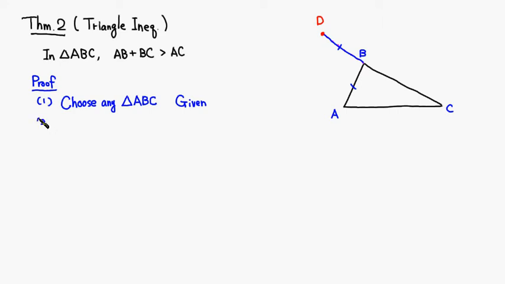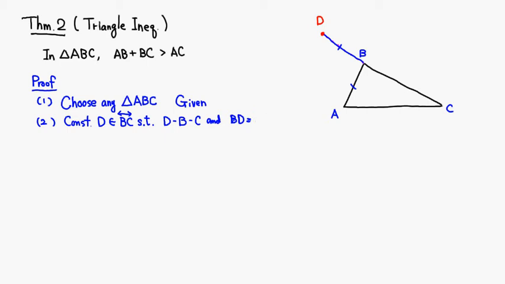Step 2. We're going to construct point D on line BC, so along BC, with the following condition, such that the betweenness condition is D-B-C, and also BD is equal to AB.